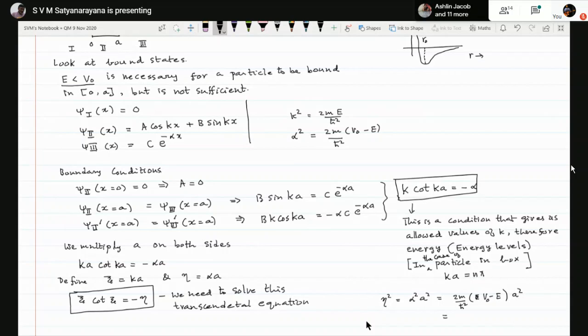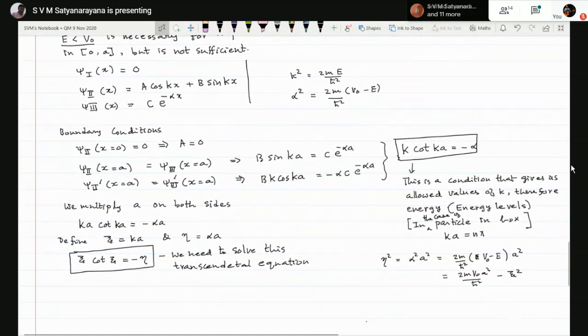Twice mE by h bar square is your K square, or xi square. So this is nothing but twice m V naught A square by h bar square minus xi square.